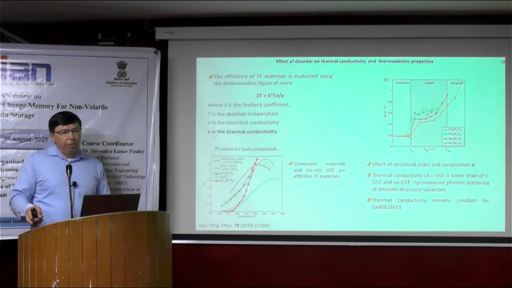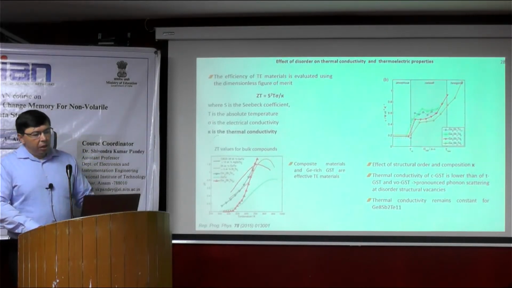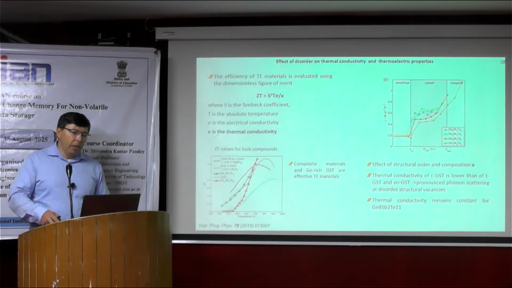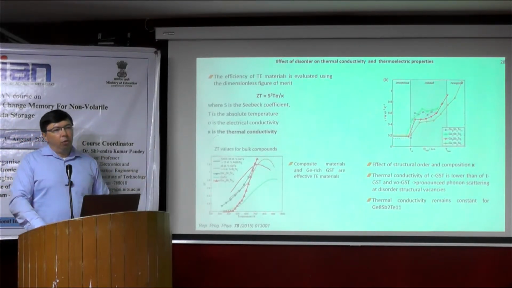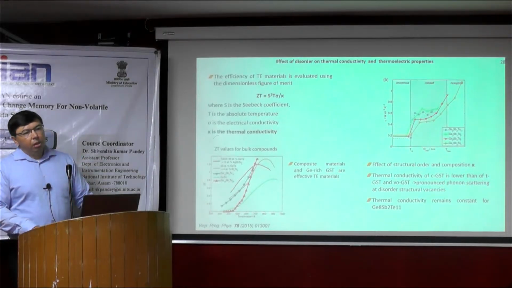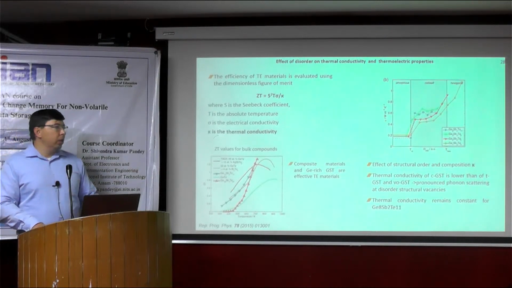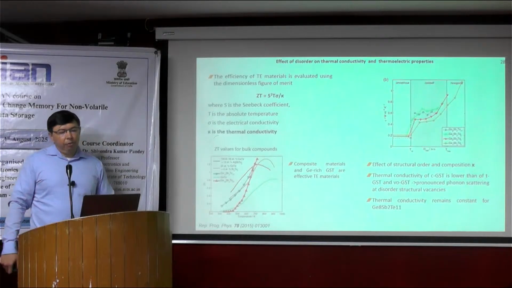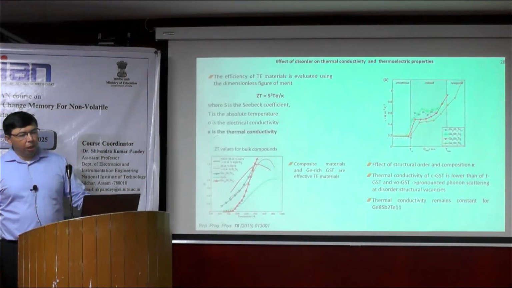You know that thermoelectricity is the transformation of thermal energy to electrical energy, and for that you need materials. There are a huge number of different materials, and tellurium-based chalcogenides can also be used. And one application of phase change materials is also for thermoelectrics.